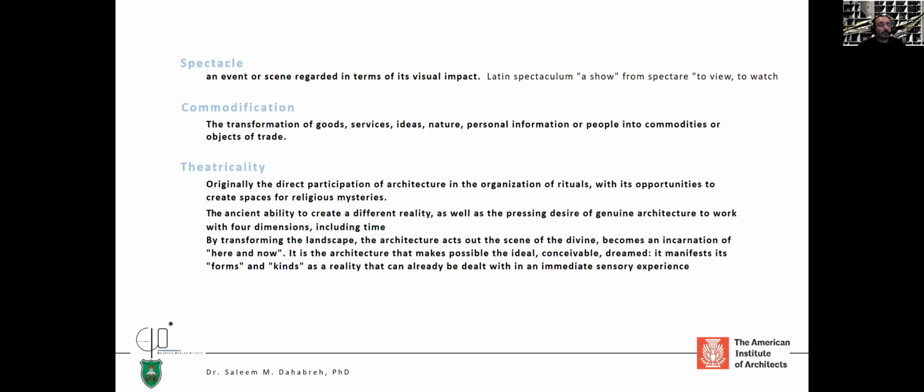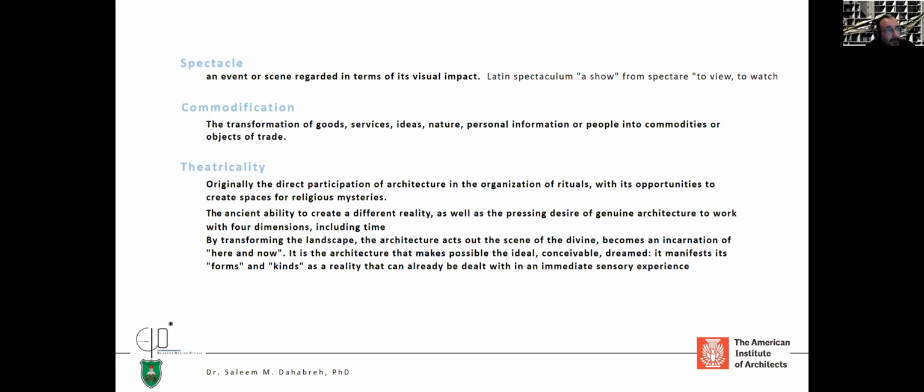Three very important words in my readings that really affected the way I look at resistance: the spectacle. Spectacle is an event or scene regarded in terms of its visual impact, i.e., it means that I show something, I do something with the intention of attracting attention, with the wow factor.